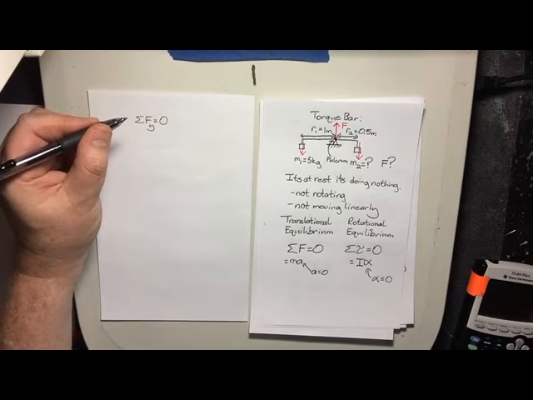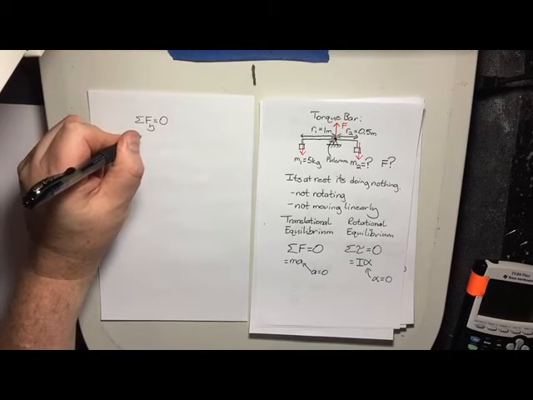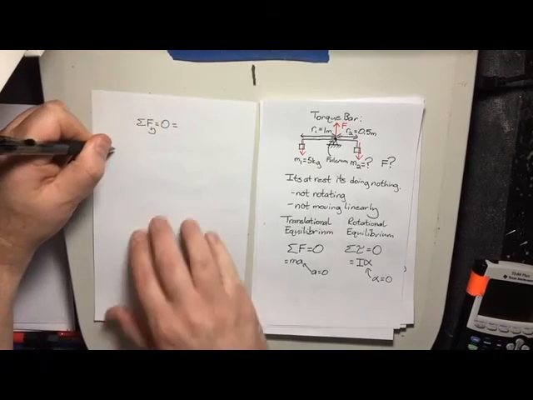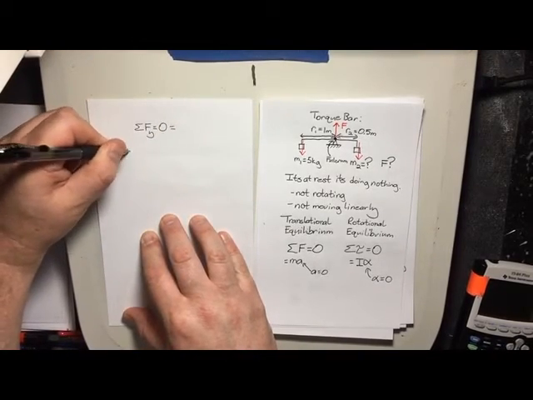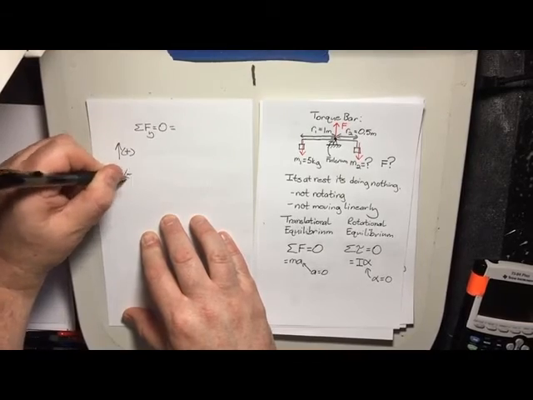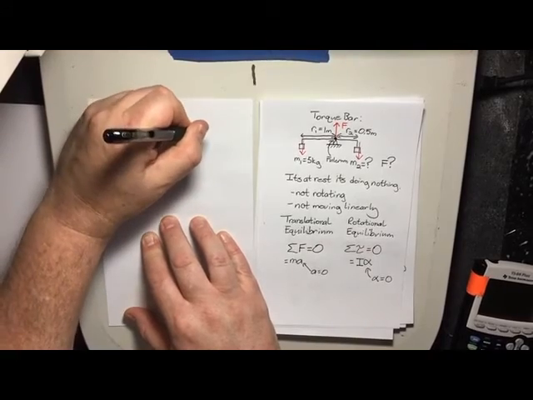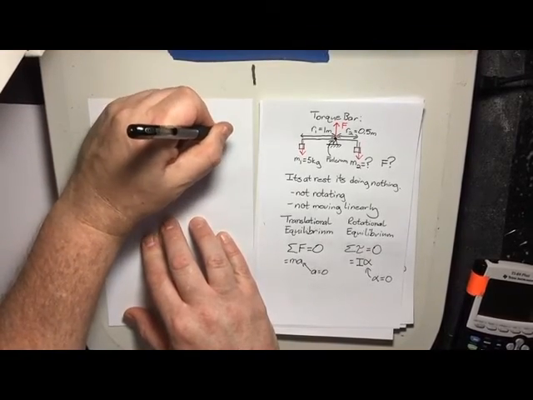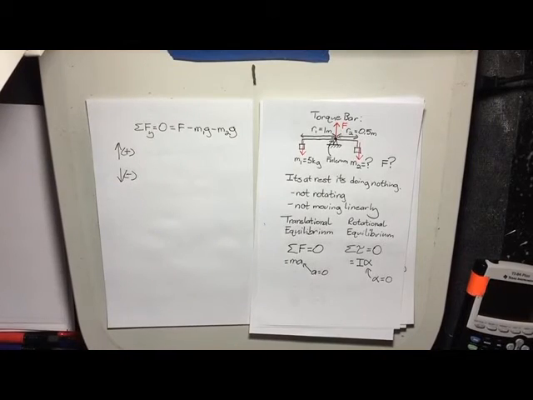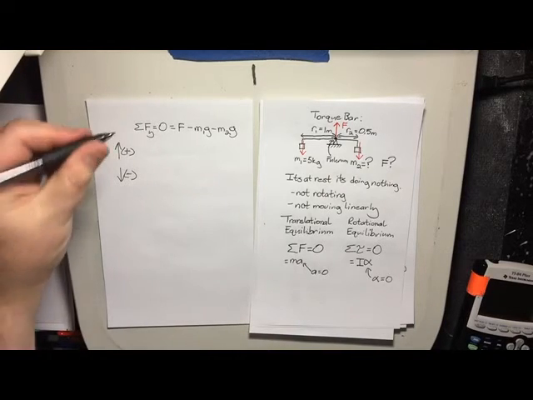Now, one of the things that we do is, if it is up, it's positive. If it's down, it's negative. So F minus M1G minus M2G. So anything pulling down, negative. Anything pushing up, positive. The fulcrum is pushing up on the bar.